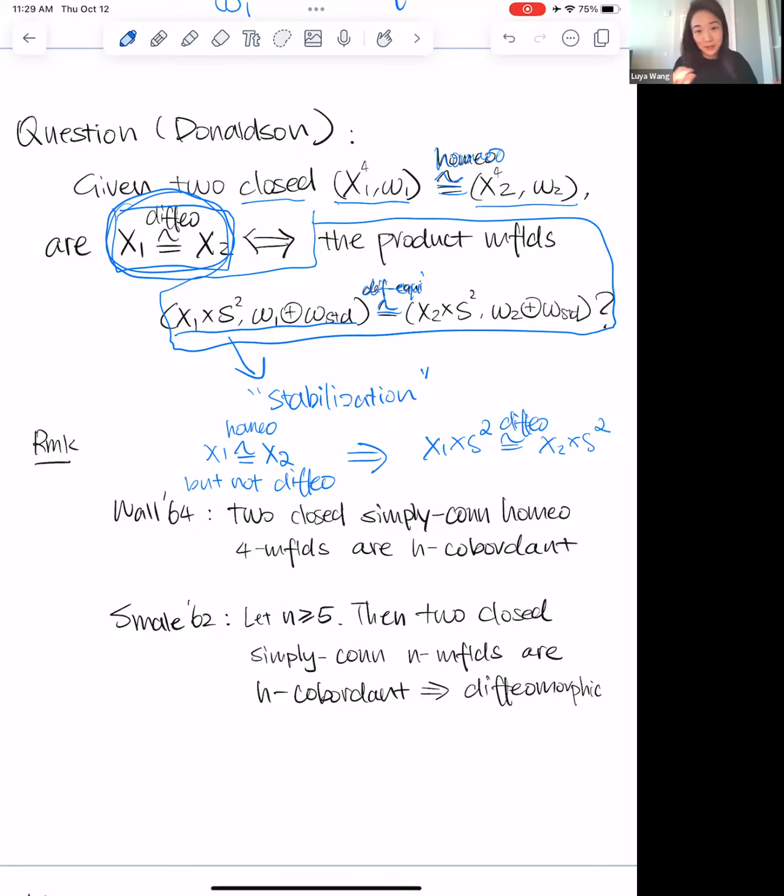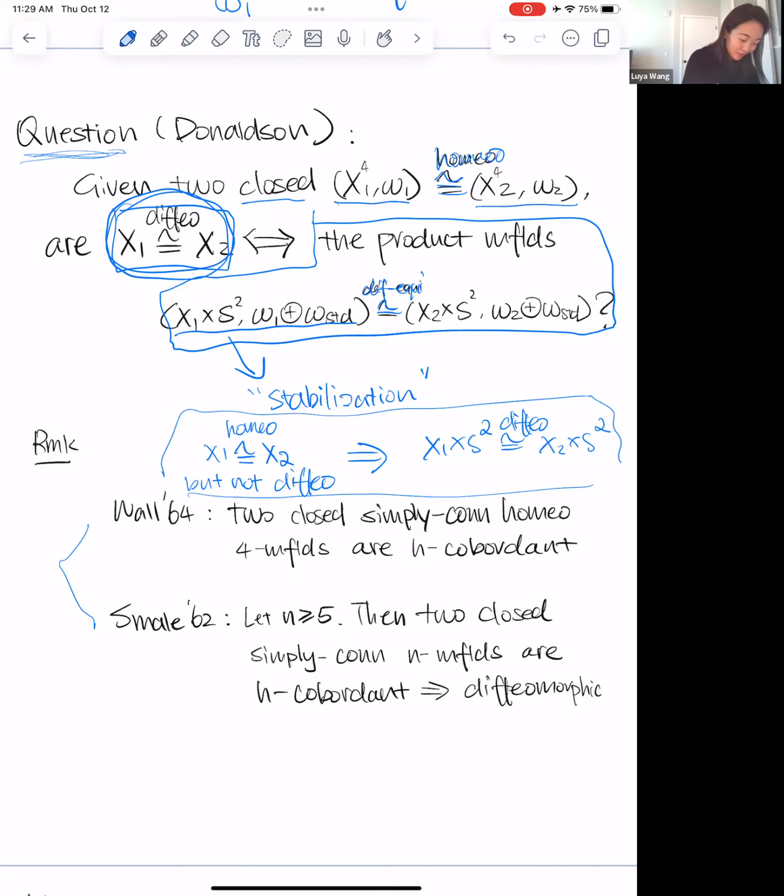Because otherwise there's no point asking about deformation equivalence. When the question is stated, it doesn't really require simply connected. They didn't mention simply connectedness, but I can only find how to prove it using simply connected manifolds.